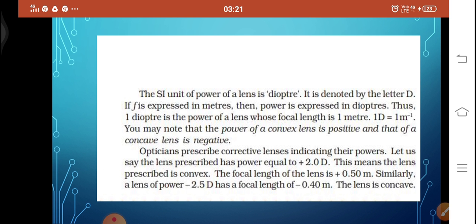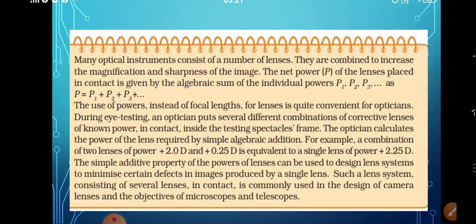If focal length is more, power will be less. Now see, many optical instruments consist of a number of lenses. If we have two lenses having power P1, P2, the net power will be P1 plus P2. If we have three lenses, the power will be P1 plus P2 plus P3.